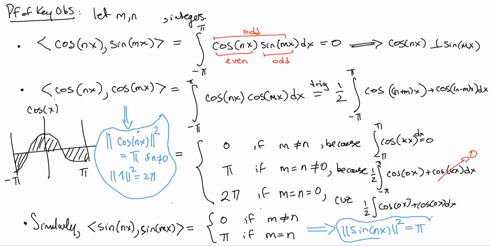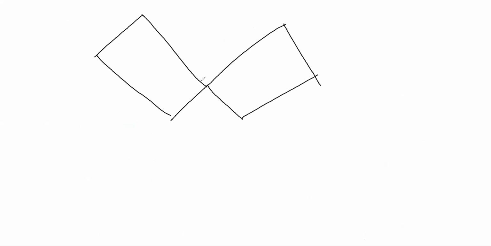So let me draw a picture to make this clearer. You have the following picture of V pi. First of all, there are two big orthogonal subspaces, the even and odd functions. The cosines live in the even functions, the sines live in the odd functions, and they're all orthogonal to each other and to the other subspace.